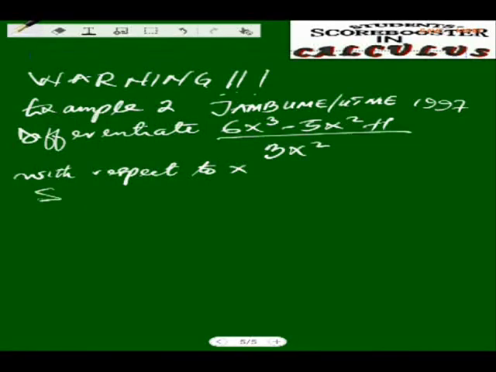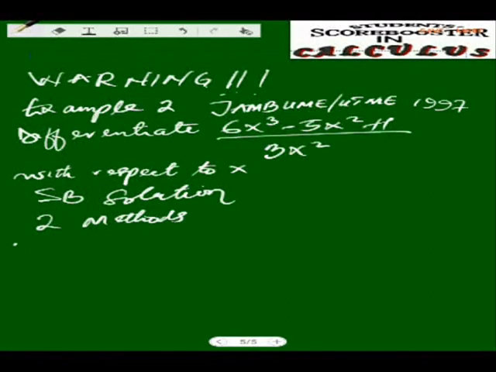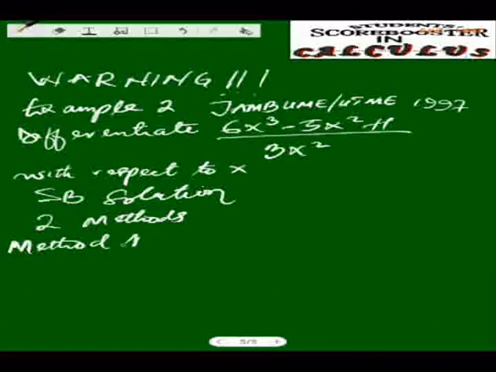So ScoreBooster solution, we are going to solve this using two methods. So method number 1, we're going to use quotient rule.